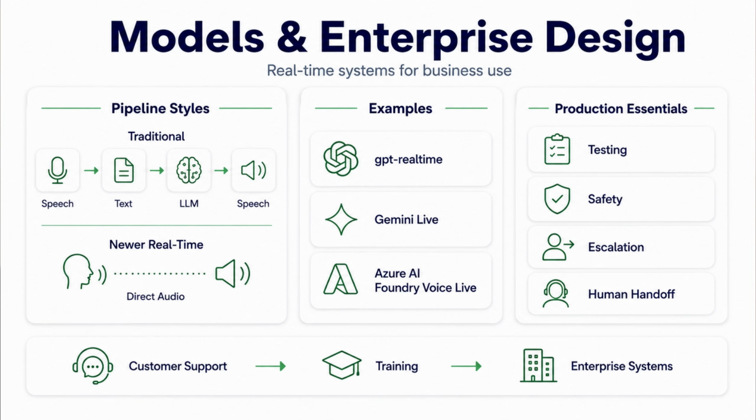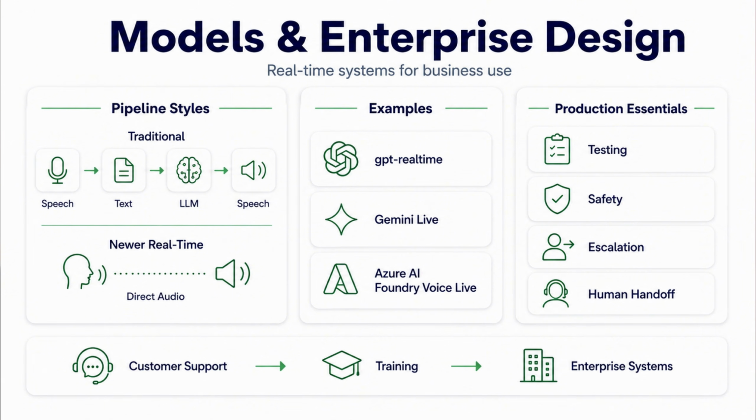So the traditional voice system often followed a pipeline approach where the speech was first converted into text, then processed by the language model, and finally converted back into speech again. This still works today, but the newer real time models are now handling audio interactions more directly, which makes conversation feel smoother and much more natural.